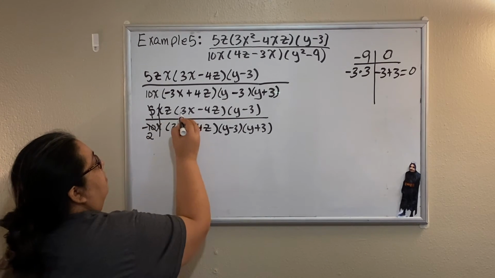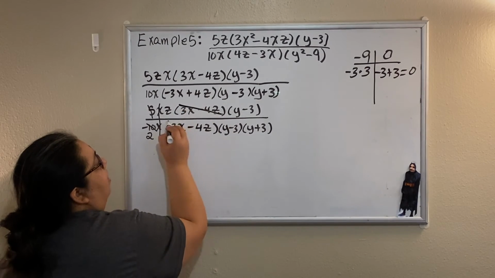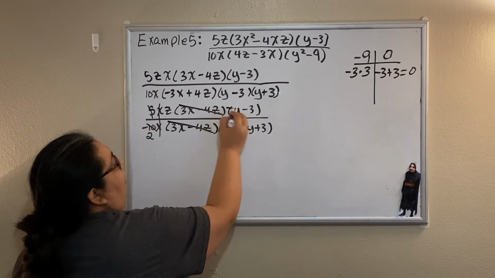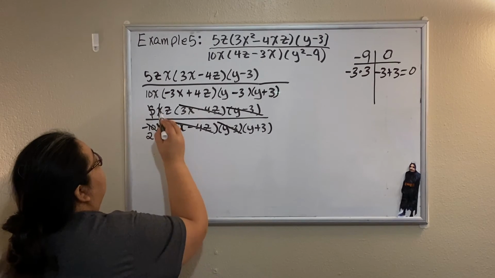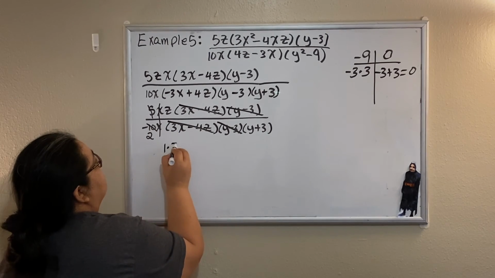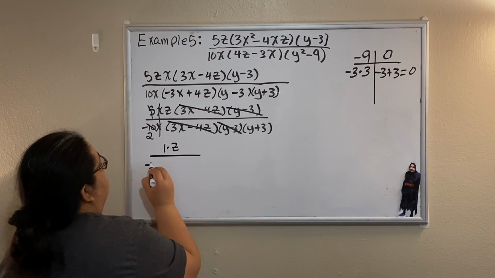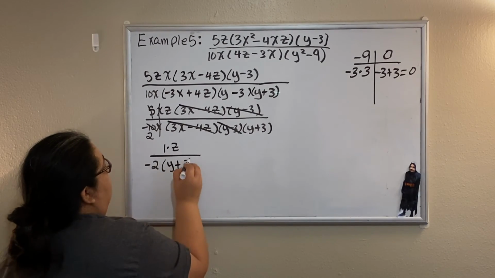Z stays. 3x minus 4z and 3x minus 4z are both going to reduce to 1. Y minus 3 and y minus 3 is also going to reduce to 1. So what's left is 1 times z in the numerator over a -2 times y plus 3.